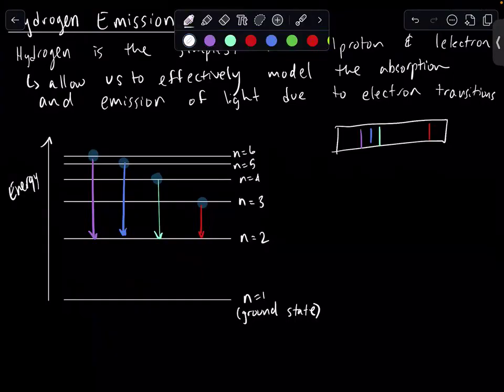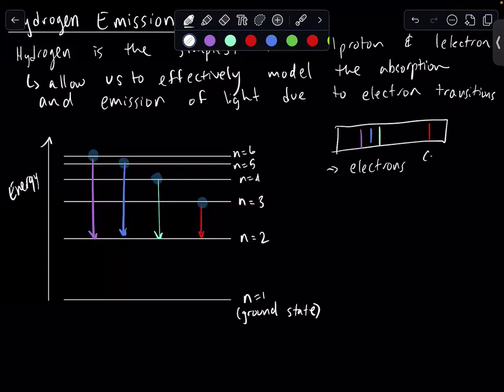This is really important. This is proof that electrons can only exist in discrete energy levels.